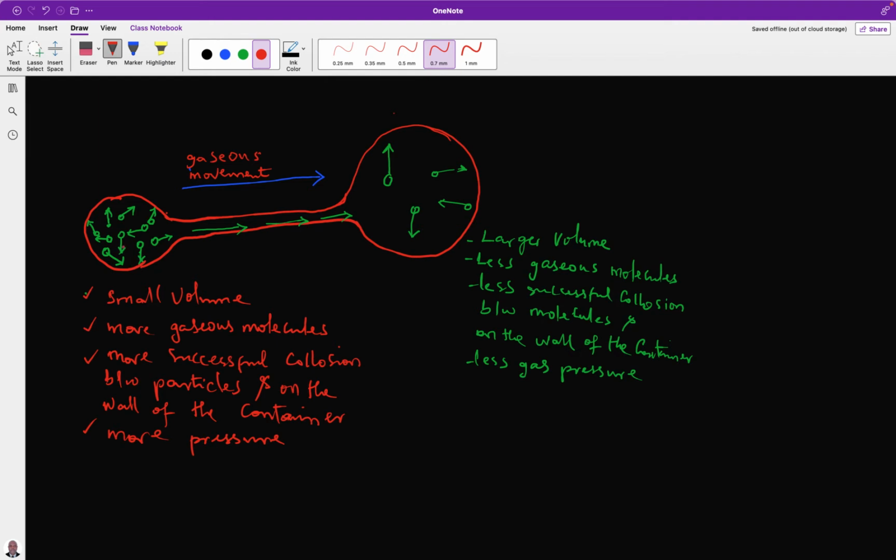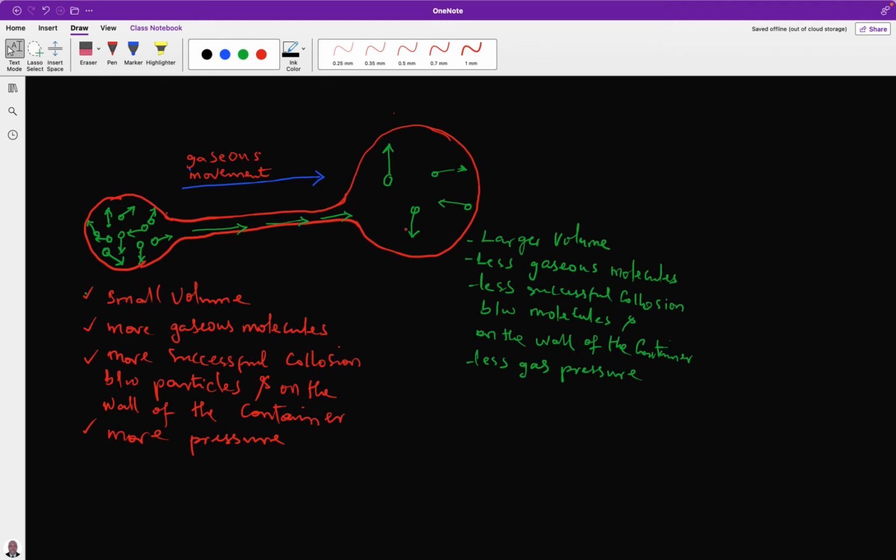On this other side, this is a larger volume with fewer gaseous molecules, with less frequent collision between the particles and the walls of the container, thus exerting less pressure.